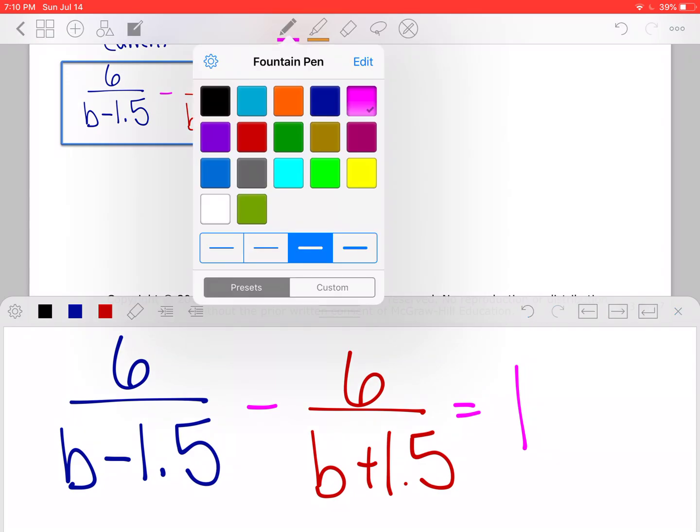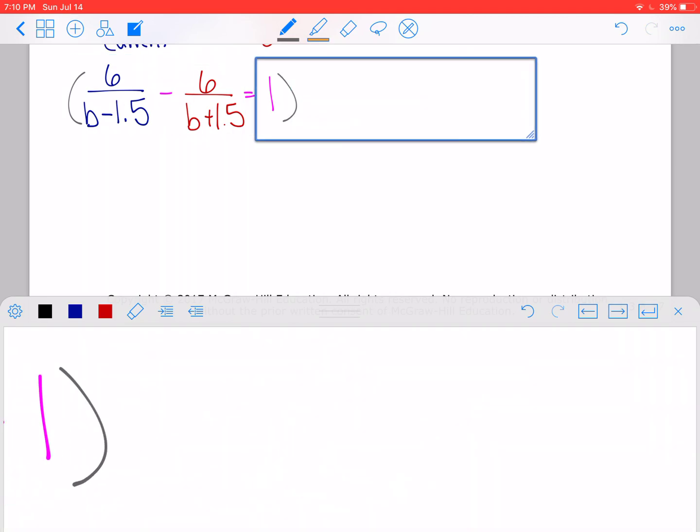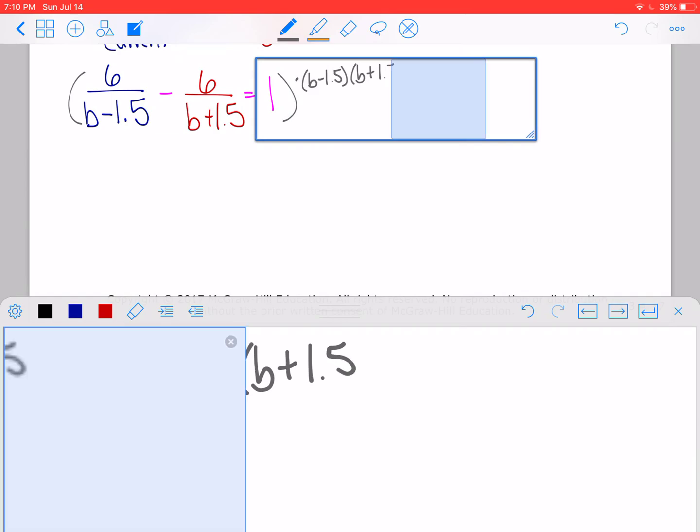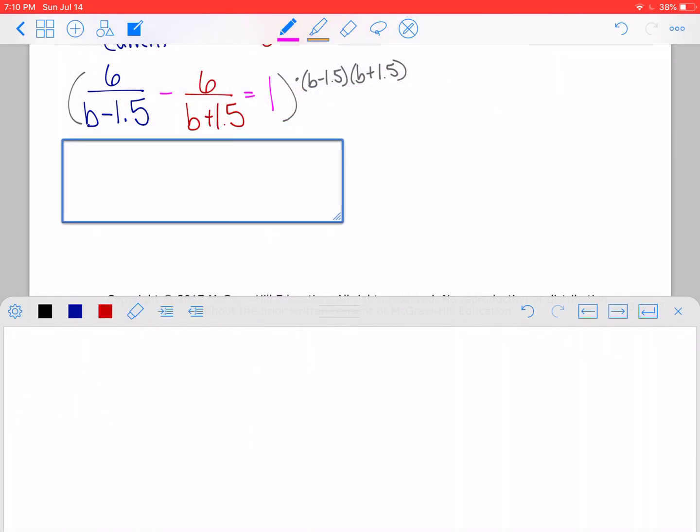To solve this, best thing to do to get rid of the fraction is multiply by your common denominator. So b minus 1.5 times b plus 1.5. If we multiply 6 over b minus 1.5 by b minus 1.5 times b plus 1.5, then the b minus 1.5's cancel out.